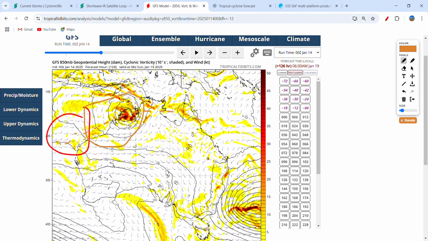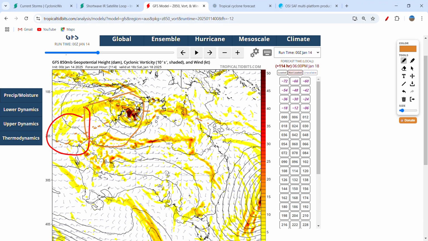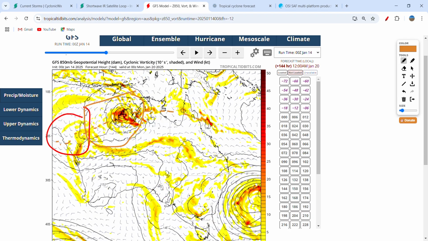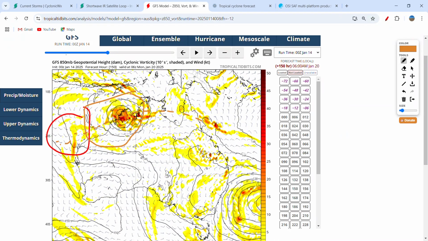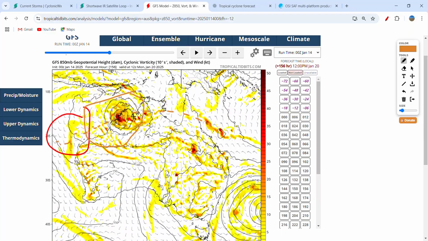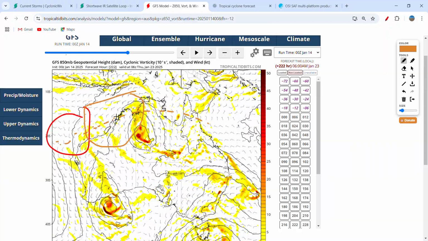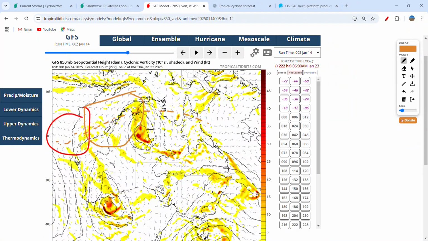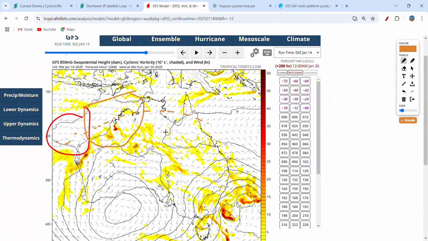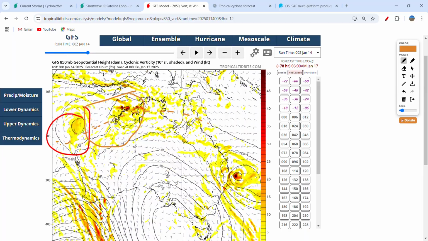Now, this is less so what's predicted by the BOM, but we can see it develop there, and then it makes its way along the trough, but it's very erratic, and if it does move over land, moves over water for a bit, its overall land interaction keeps it very broad, and then it eventually does get steered southeast. So this may only be a short-lived tropical cyclone if following the American solution.